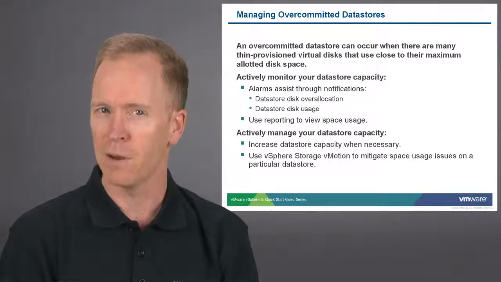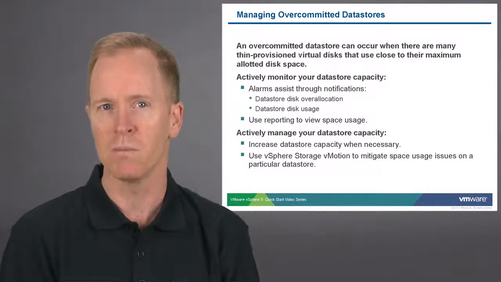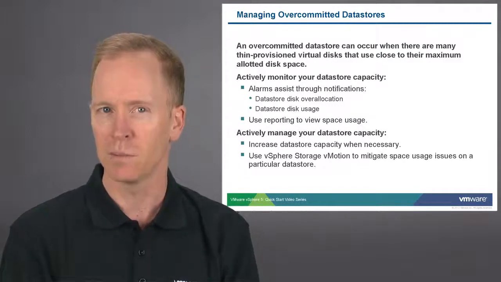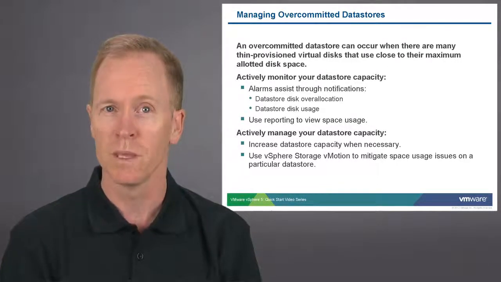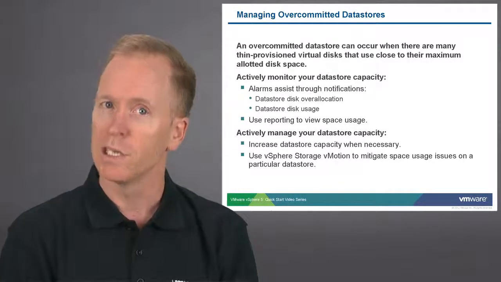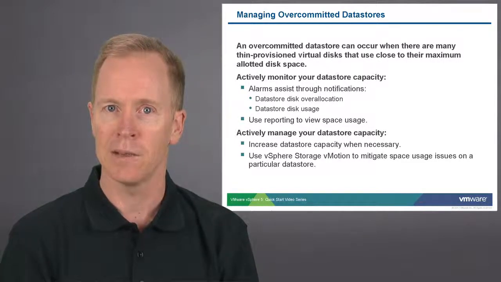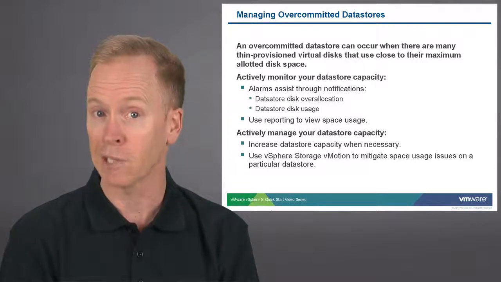So through the combination of those two alarms, plus the reporting that we provide, we at VMware make you aware of your actual activities when it comes to thin provisioning and in particular overcommitting your data stores. But from that point onwards, it's up to you to make certain that you increase the size of the data store, if necessary, to provide the disk space that we actually need.